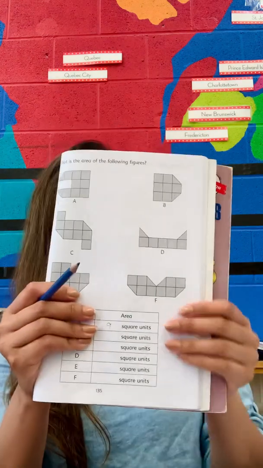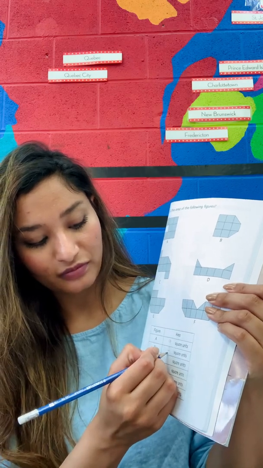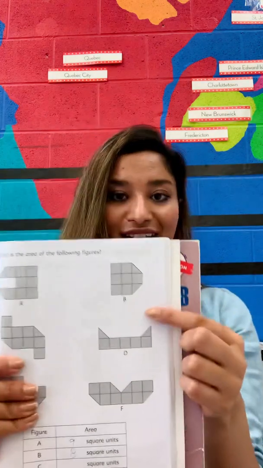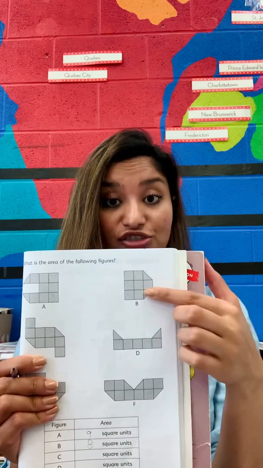Let's count. 1, 2, 3, 4, 5, 6, 7, 7 and a half, 8, right? So let's write down 8 square units. That's how much space this shape is taking, or that's the area of this shape.